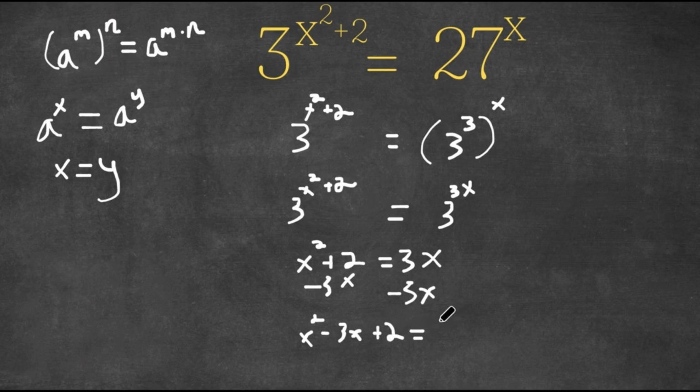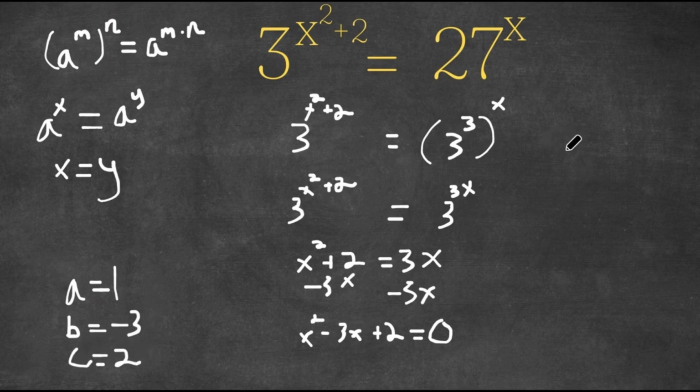equals 0. And now, as you can see, we have a quadratic equation, meaning we can find the solutions using the quadratic formula, which is negative b plus or minus the square root of b squared minus 4ac, divided by 2a. So a is 1 because there is no coefficient here, b is negative 3, and c is 2.